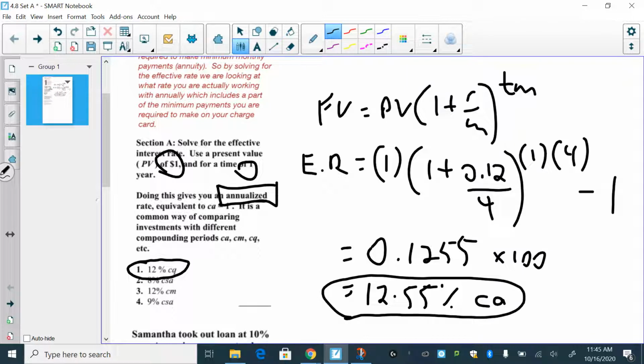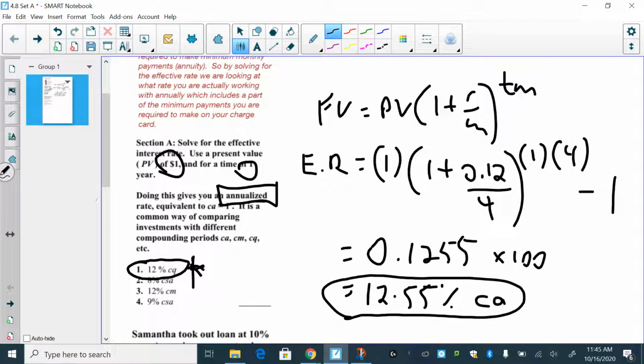And so what's happening here is we're actually looking at two different things when we're looking at credit cards. Say you put $1,000 on your credit card. If we never made any payments to bring it down, then you'd be looking at this one right here, the nominal rate. And at the end of the year, or whatever, you would owe whatever amount it said with all its compounding periods, and that would be done.